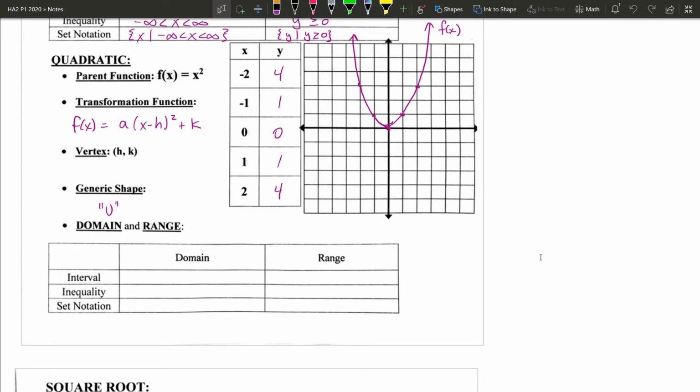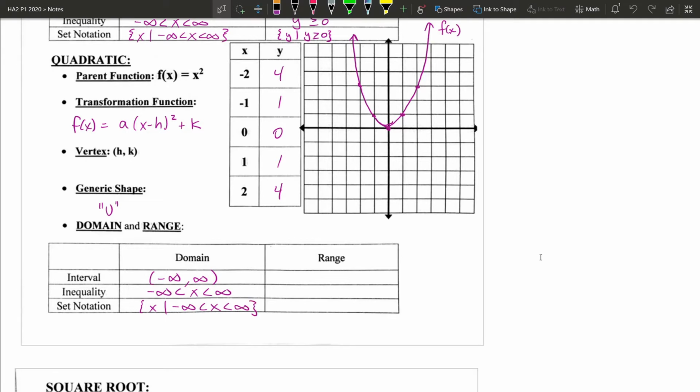All right. Domain and range, we've done these before, but I'm going to go ahead and fill them out. So a parabola left and right goes on forever, so it's a lot like the last one. Set notation: {x such that negative infinity < x < infinity}.